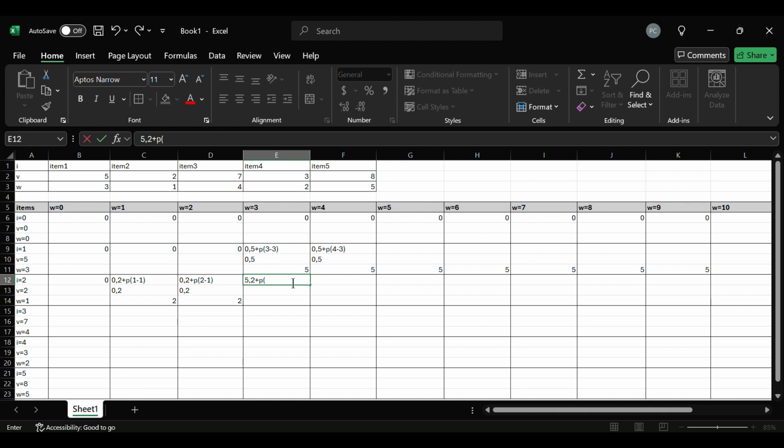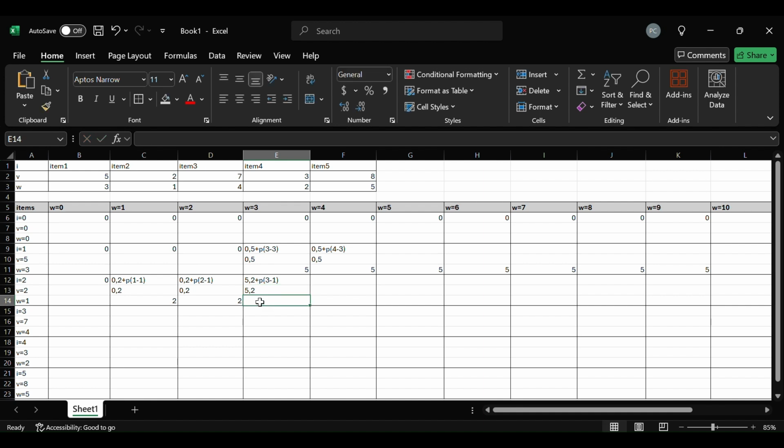So 3 minus 1. And now to solve for this, it will be 2 plus p of 2. Again, go up one block and then go to 2. And it is 0. So it's 5 for did not pick up and 2 for pick up.